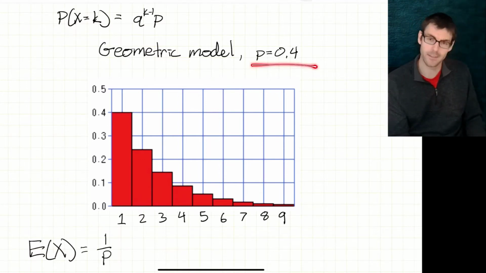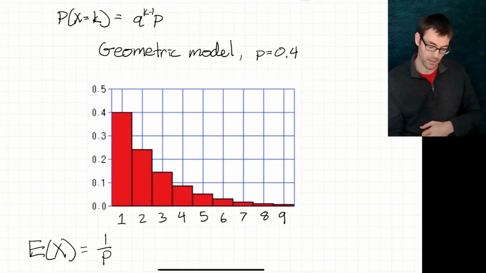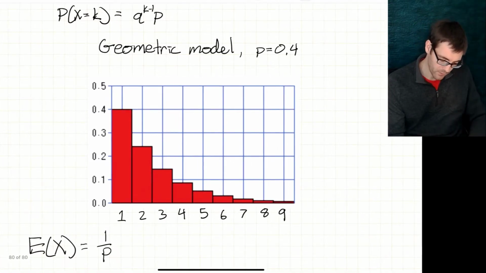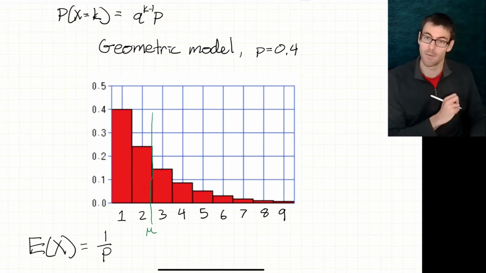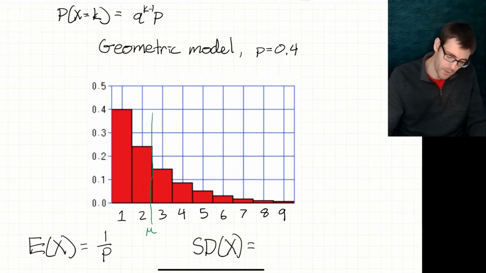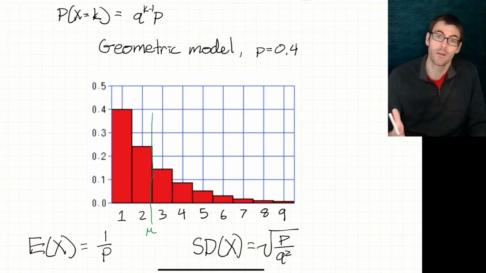So for our example here, the expected value, the mean of this distribution, happens at 1 over 0.4, or about 2.5. In other words, the mean is right about there. Similarly, for standard deviation, we're just going to punt to a formula. The standard deviation is the square root of p over q squared.